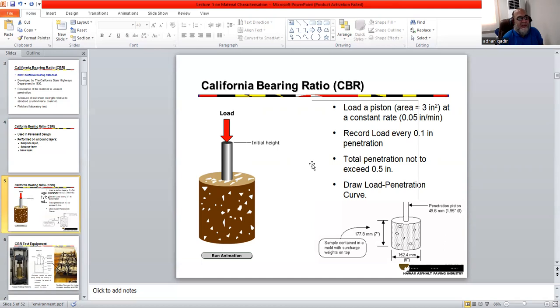Before the soil sample is brought for the CBR test, it should have gone through the modified Proctor test, in which we determine the maximum dry density at a given moisture content. So once you know the moisture content, you add that moisture content to the given sample while preparing the sample for the soil CBR.